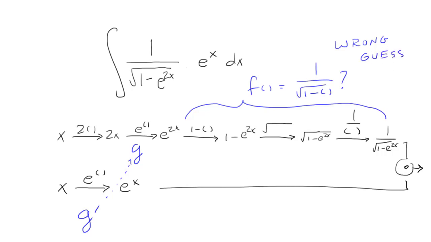So look at my map again, and I notice I have a link right before g that I haven't used. That doesn't fit the chain rule pattern. So I just broke it down wrong. Well, I can rewrite e to the 2x as e to the x squared. So I can change my function structure.